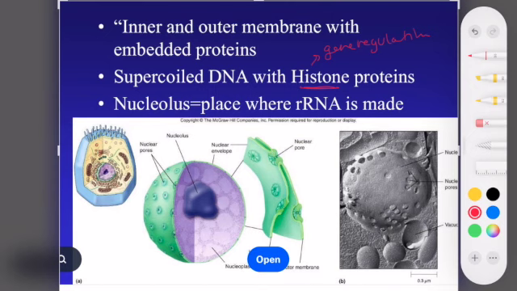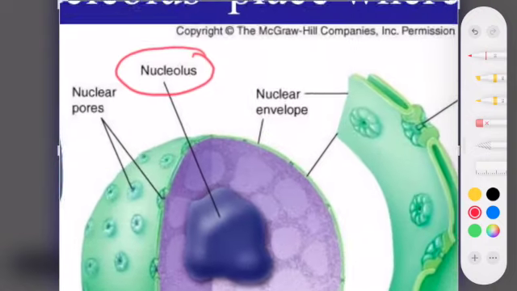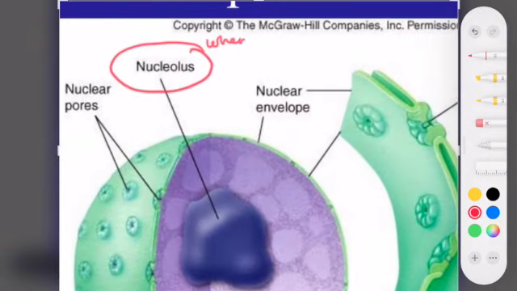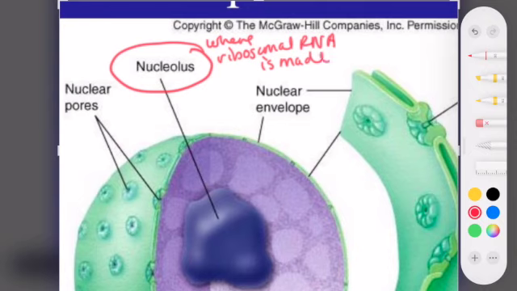I want to point out that the nucleolus right here is where ribosomal RNA is made. Ribosomal RNA, or rRNA, is part of the ribosome. The ribosome is made up of RNA, actually, and it's made in the nucleolus.